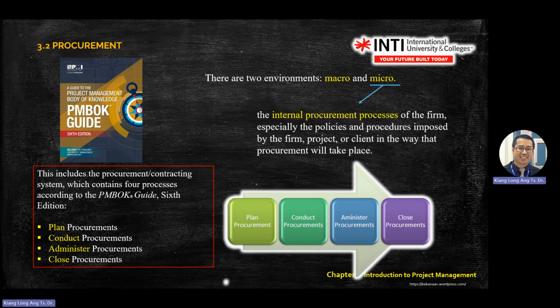Project management has 5 processes: initiation, planning, execution, what? Monitoring, and closing. So these 5, don't confuse with this one. Procurement has plan, conduct, administer, and close.